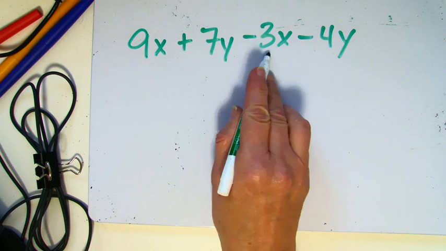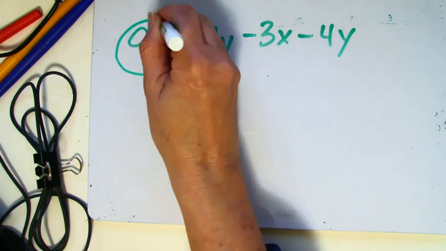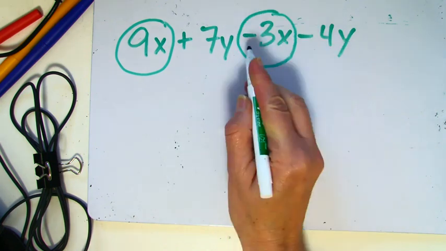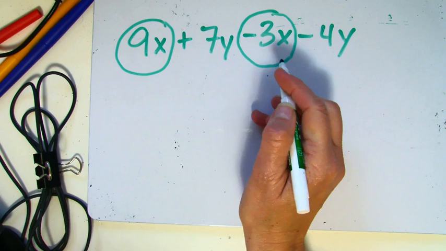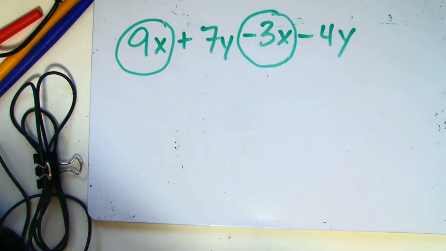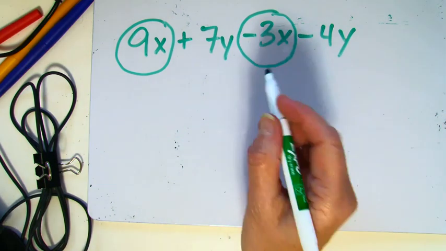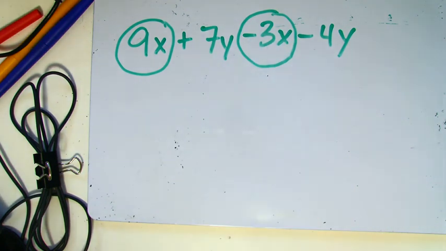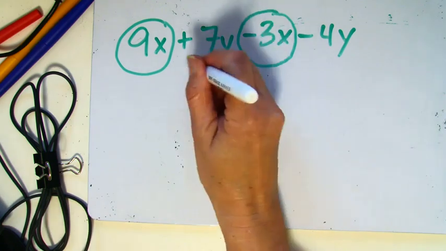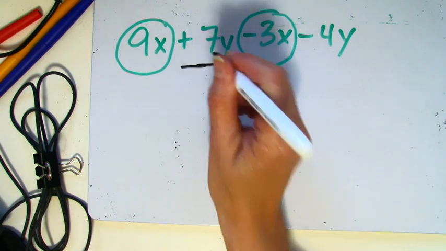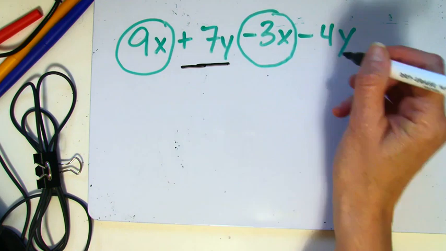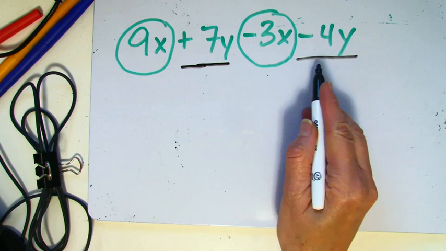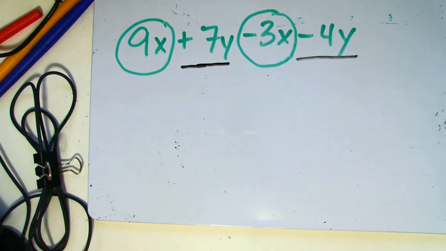And I have 2. I have this one and this one. So I have a 9x. And notice I'm going to include that minus symbol in front of that x term. This is now read as negative 3x. Then I'm going to underline my y term, and I'm going to include that minus 4y. This is now read as negative 4y.